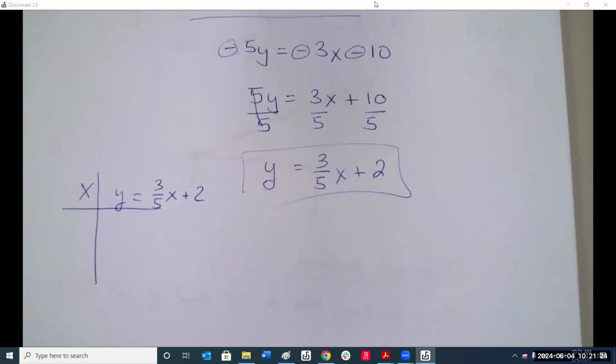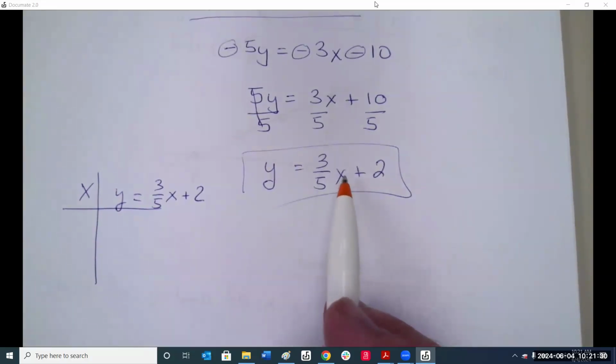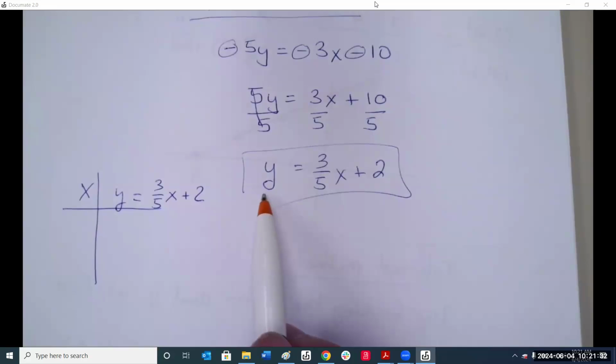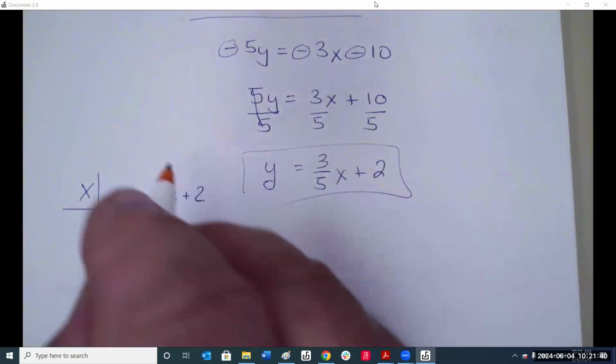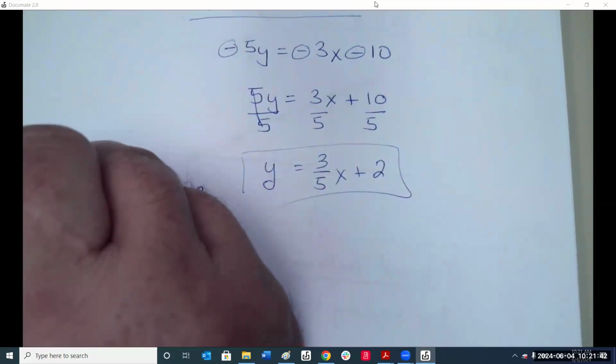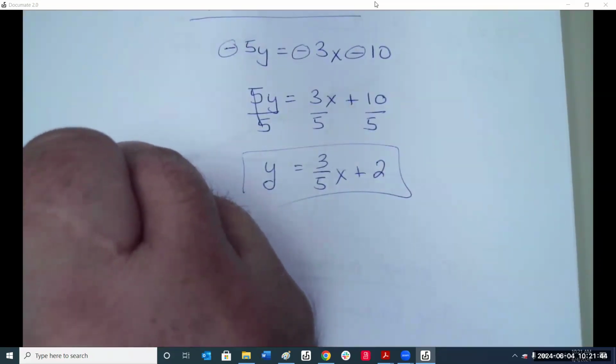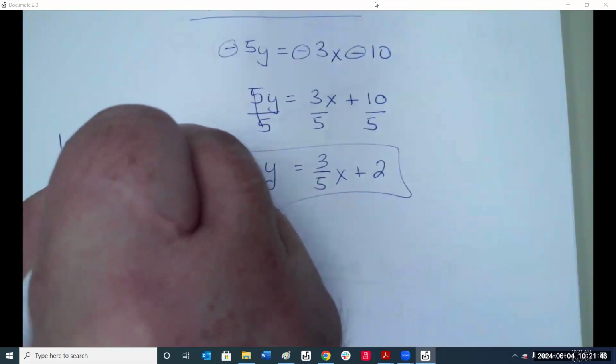What value do you have to pick first? Well, we have x and y. Can we pick a value for y and solve for x? You can, but that's going to be extra work. We're going to pick a value for x. That's why x is called an independent variable.